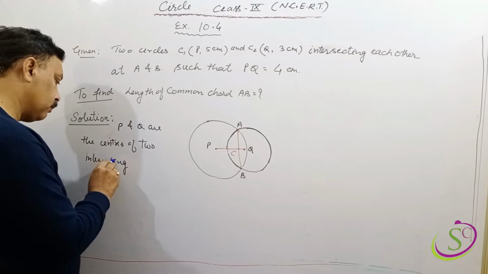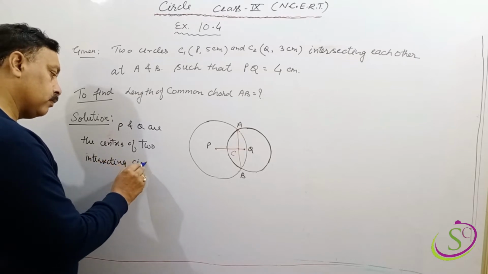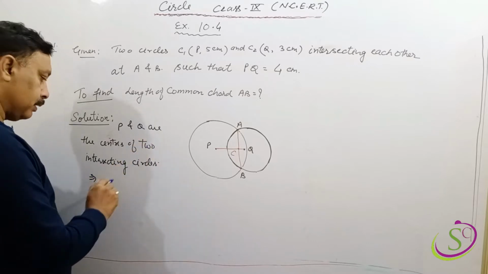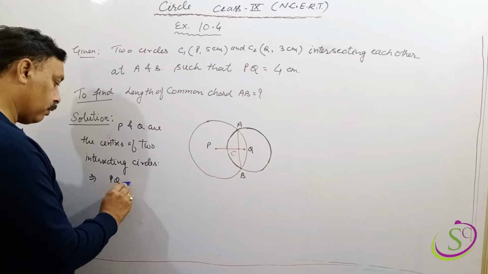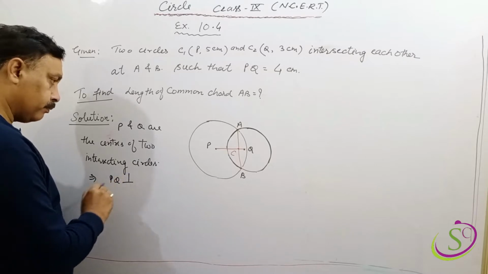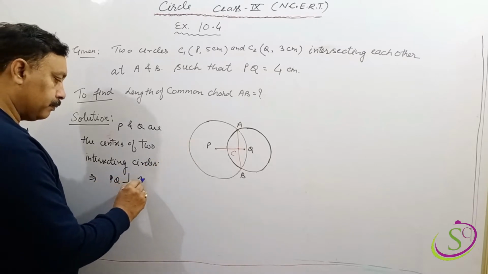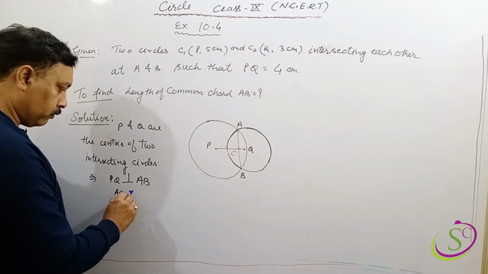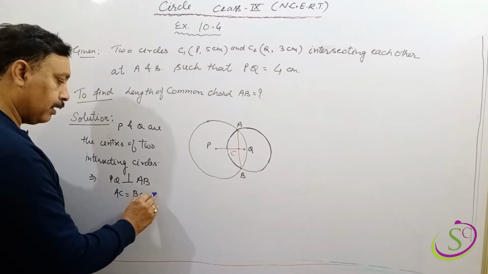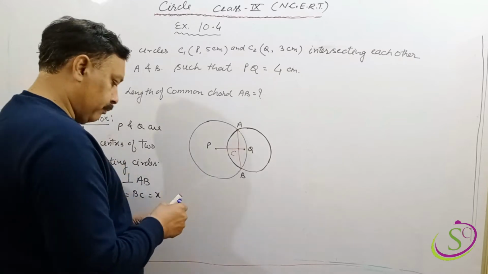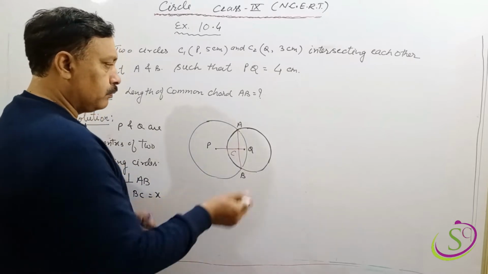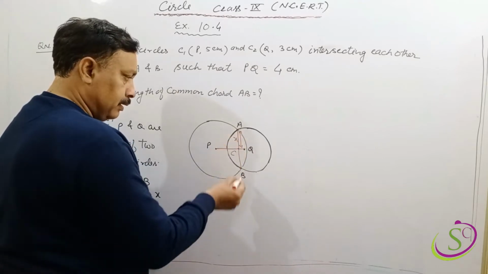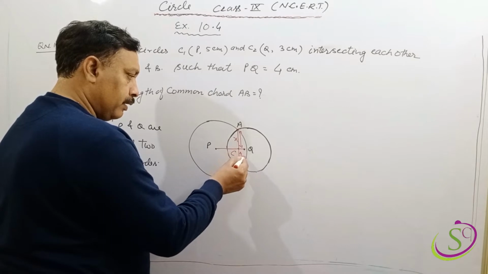Implies that, so here PQ will be perpendicular to AB and AC equal to BC, and let this be x. The length of AC, what will we call it? This is x and this also x.